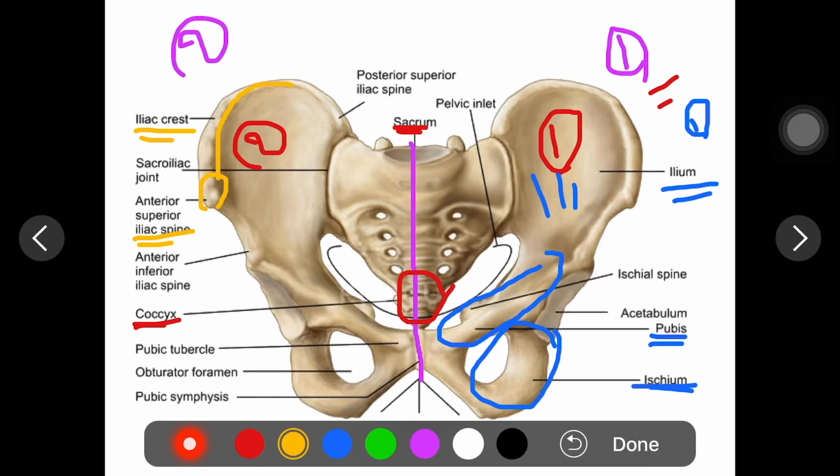The second, when you start to move on, you will find the anterior inferior iliac spine. As we move downward we meet this prominence, the pubic tubercle. This foramen is the obturator foramen.